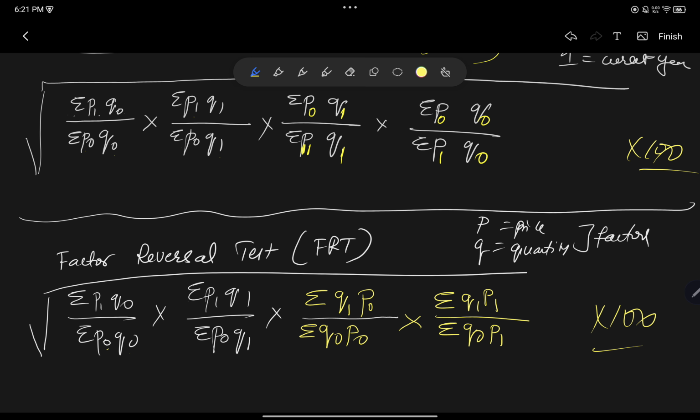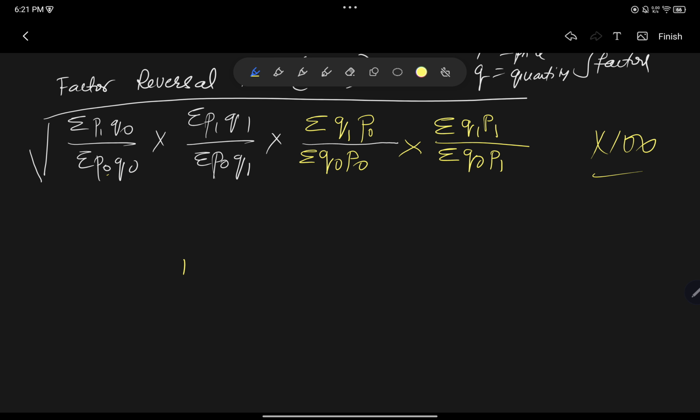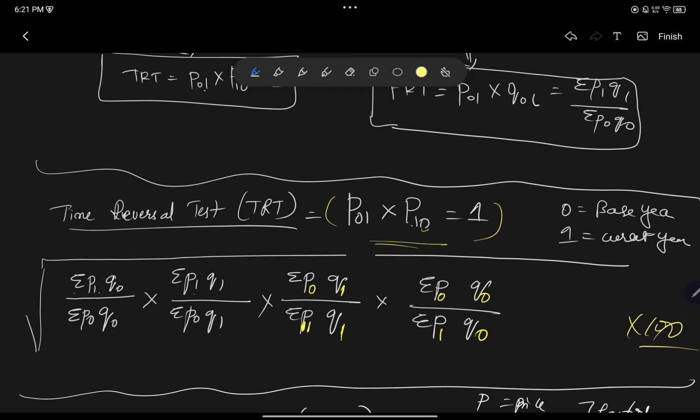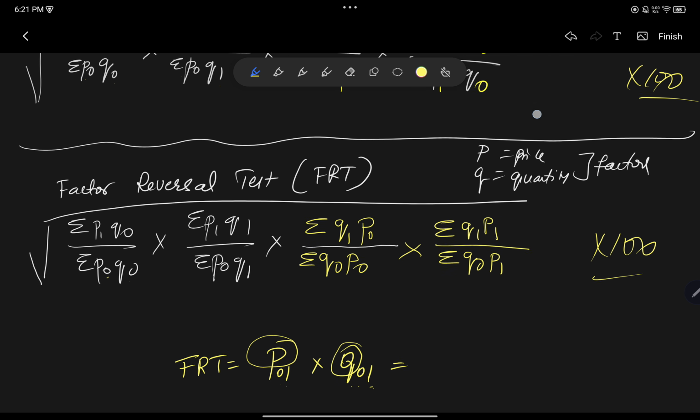So what are you observing in the factor reversal test? In P01 into Q01, 0 and 1 are the same, but what is changing is P and Q. But in the time reversal test, P and Q are the same. What is changing is, instead of 0 it is 1, instead of 1 it is 0, right?